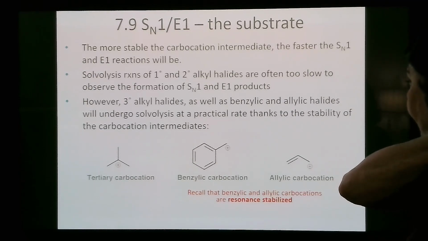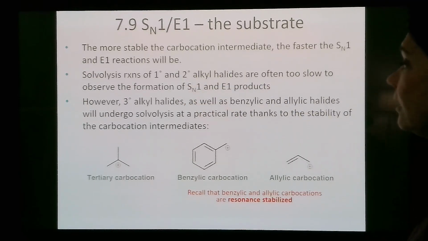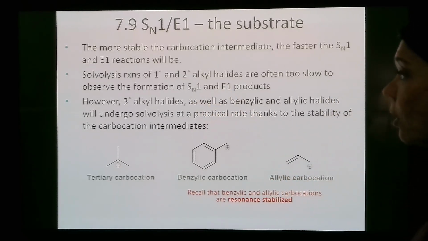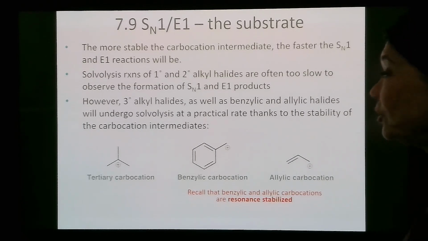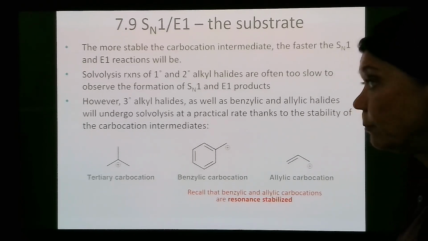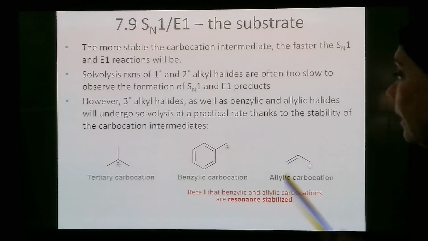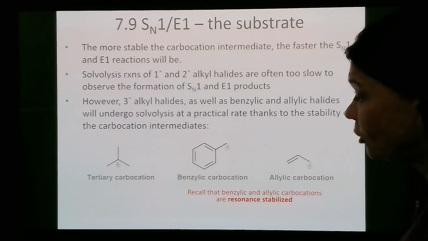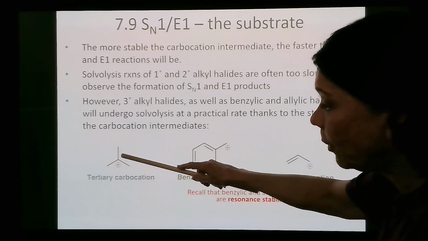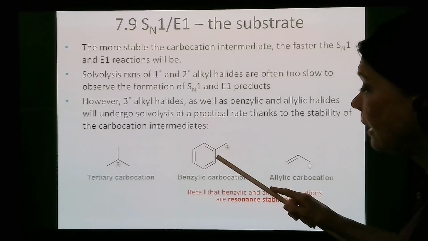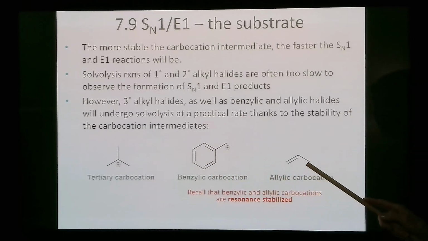Solvolysis reactions of primary and secondary alkyl halides are often just too slow to observe SN1 or E1 products. So in those cases, it'll do something else, or it just won't occur. You'll have no reaction take place. But tertiary alkyl halides, as well as benzylic and allylic halides, will undergo these reactions because they yield a stable carbocation: tertiary, stable carbocation; benzylic carbocation, a resonance stable carbocation; allylic carbocation, resonance stabilized carbocation.